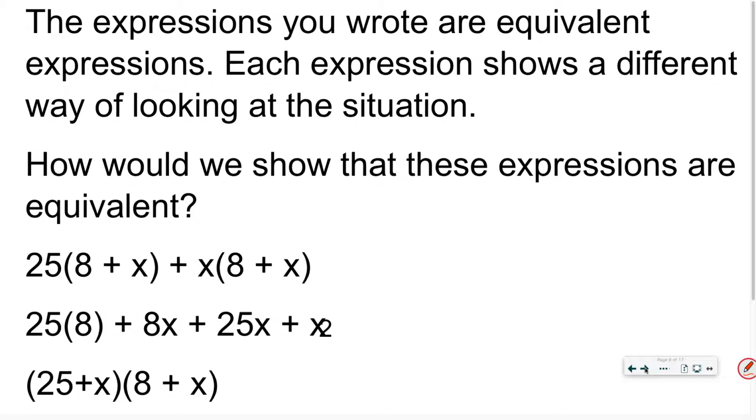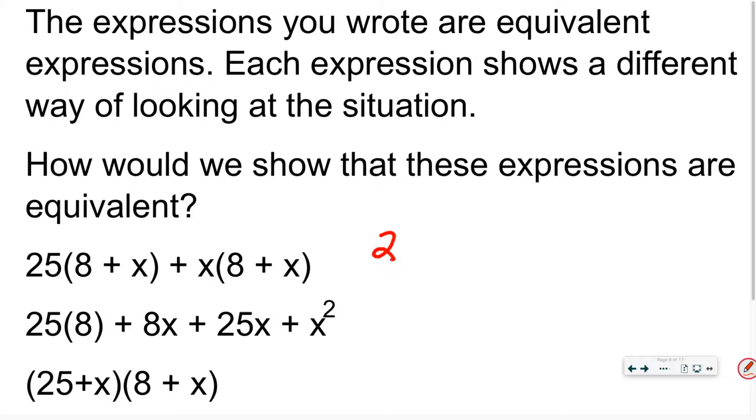Let's simplify each one. This one we actually already sort of simplified on the previous slide, but let's simplify this first one. How do I simplify that? What do you see? These are good examples for you to write down as we go so that you're familiar with simplifying. What do we see here in terms of simplifying?